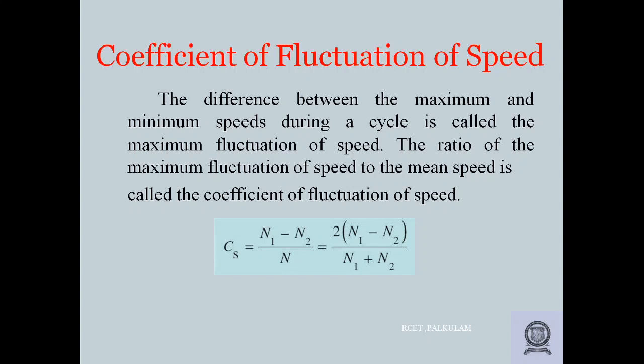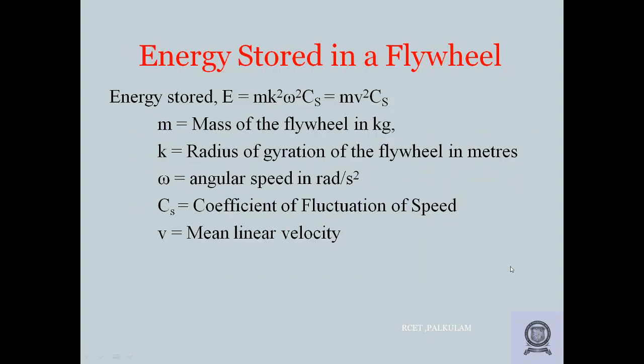Coefficient of fluctuation of speed Cs is found out to be 2 into capital N1 minus N2 divided by N1 plus N2, which is the ratio of maximum fluctuation of speed to the mean speed.